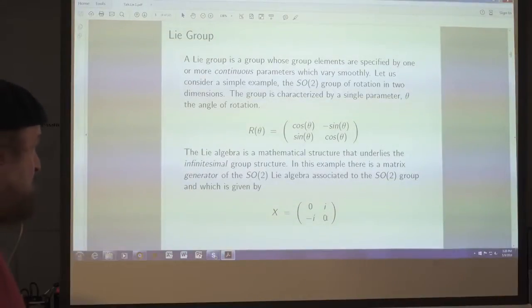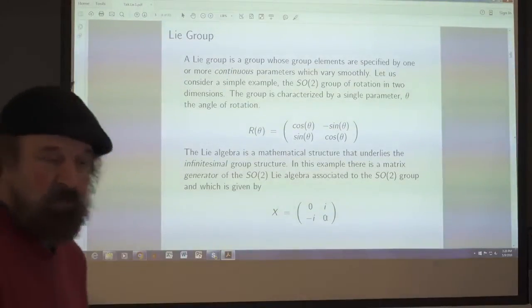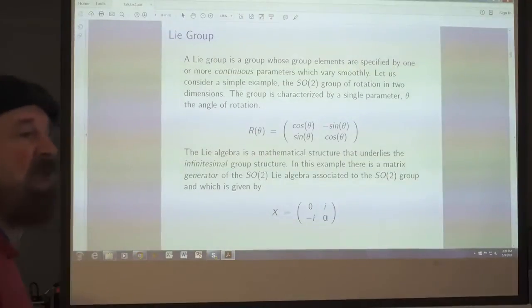Now, a matrix is Hermitian in this case because you see that minus i is the complex conjugate of i, and i is the complex conjugate of minus i. So when you look along the main diagonal, you'll see that these elements are the complex conjugates of each other. So in this case, this matrix is Hermitian. Are you familiar with this, Fang?